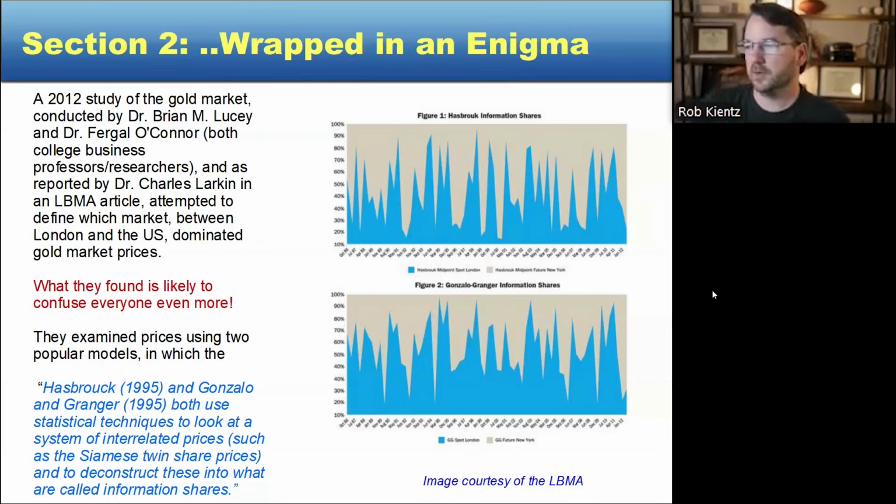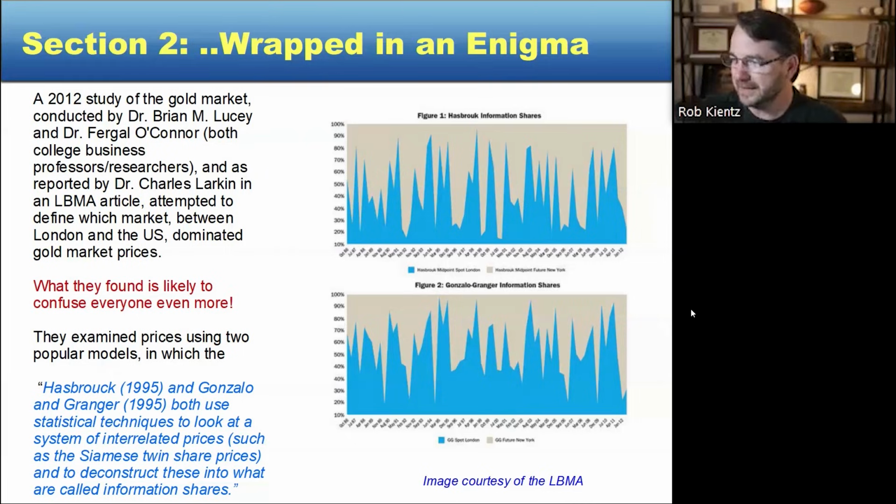Before I get to the results, I would like to point you to the graphs on the right-hand side of the screen. So the blue is the spot price in London in both of these different statistical studies, two that have shown to have some ability to correlate two different prices in the same market. And then the gray is the New York or the COMEX.